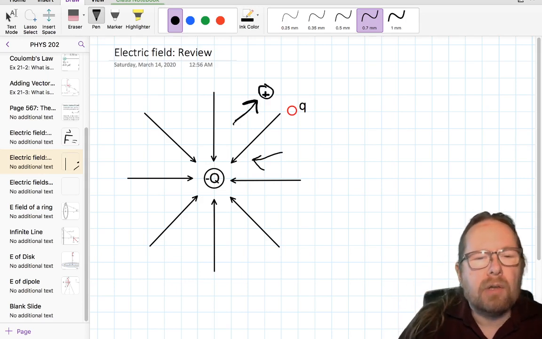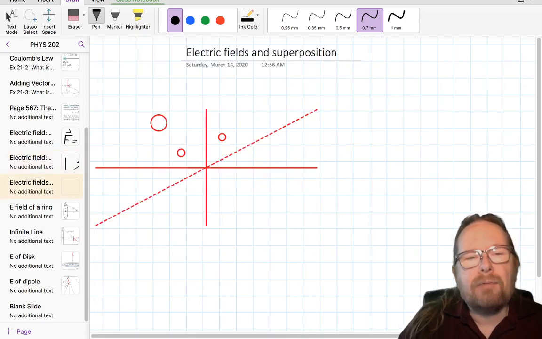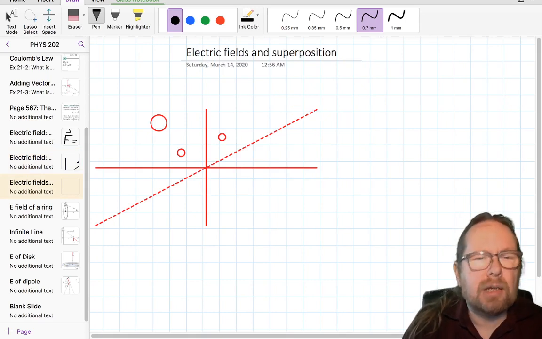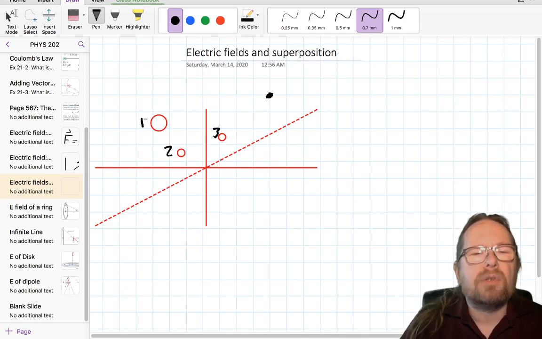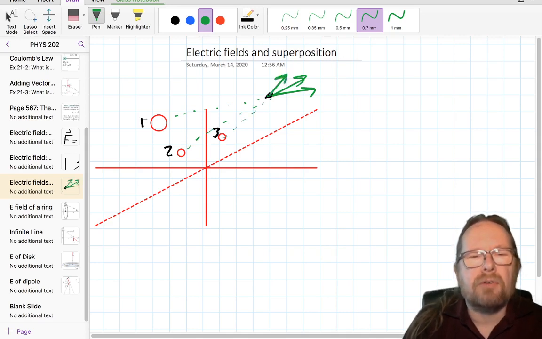So the electric field for point charges is just given by Coulomb's law. If we have many objects creating an electric field, for example, suppose we had 3 charges, charge 1, charge 2, charge 3, and we wanted to know what the electric field was at some point in space due to those 3 charges, the electric field is just the sum of the electric field due to charge 1, the electric field due to charge 2, and the electric field due to charge 3. These are all vectors, so obviously this is a vector sum.